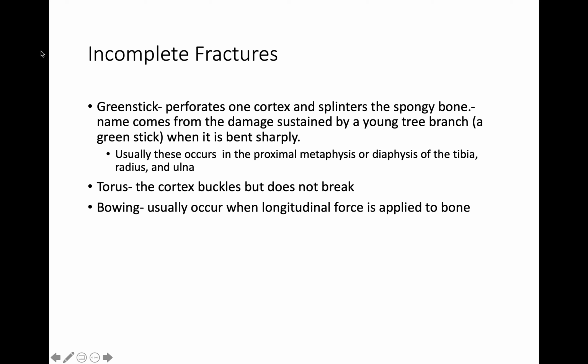So you have a fracture, and it has such stress when it breaks sufficiently to prevent a complete fracture of the second bone, but the bone bows rather than breaks. So I hope that makes sense. It's paired. The first one or the closest one to the insult is broken, and then it's got such force applied with it that it bows the second bone, and that's why it's called a bowing fracture.